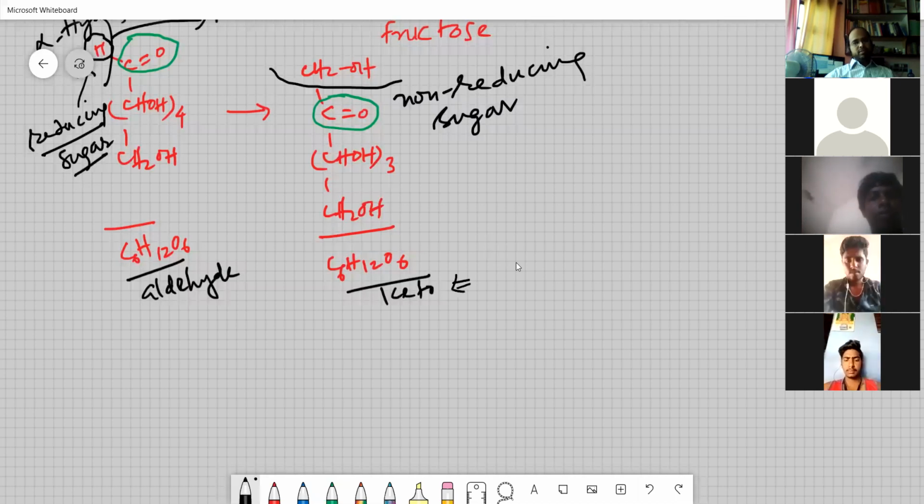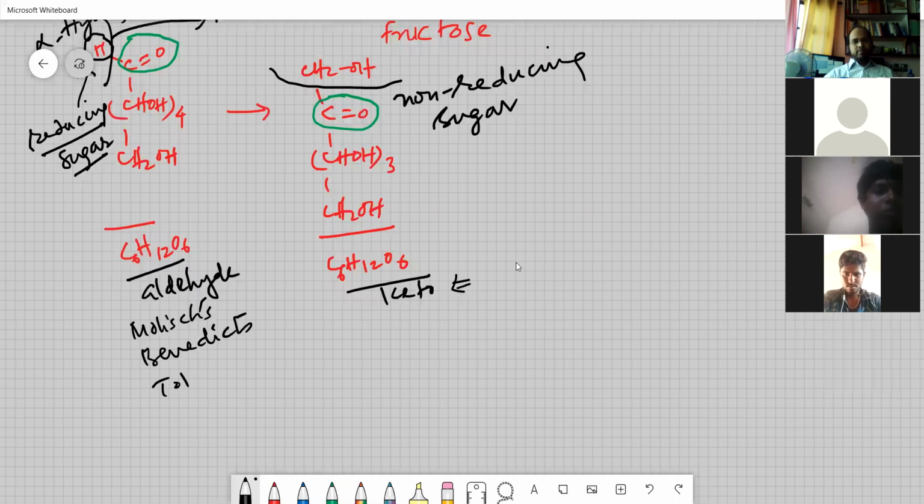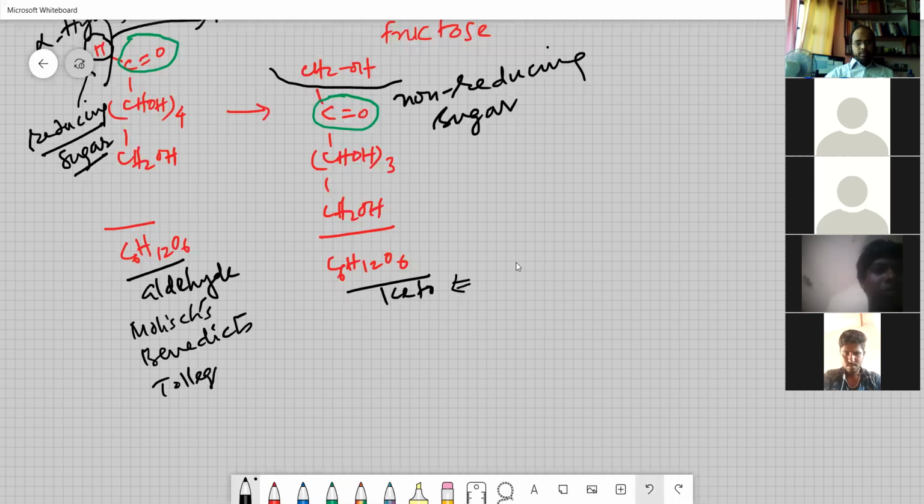For example, if this will be answering the Molisch test, Benedict's test, Tollens reagent, Tollens test. Okay, the 4 reactions which we saw yesterday.